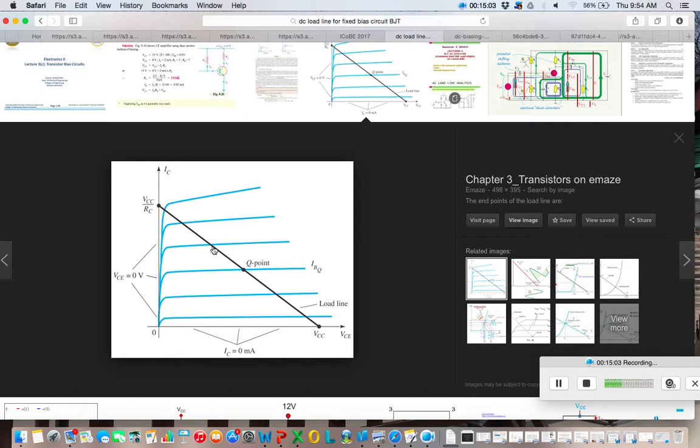Now let's stick to the current example. Assume IBQ is 46.6 microampere. You draw the DC load line here, so you can estimate the Q point here. It will occur at VCEQ and ICQ here. Understand? If not clear, you can come and meet me later.